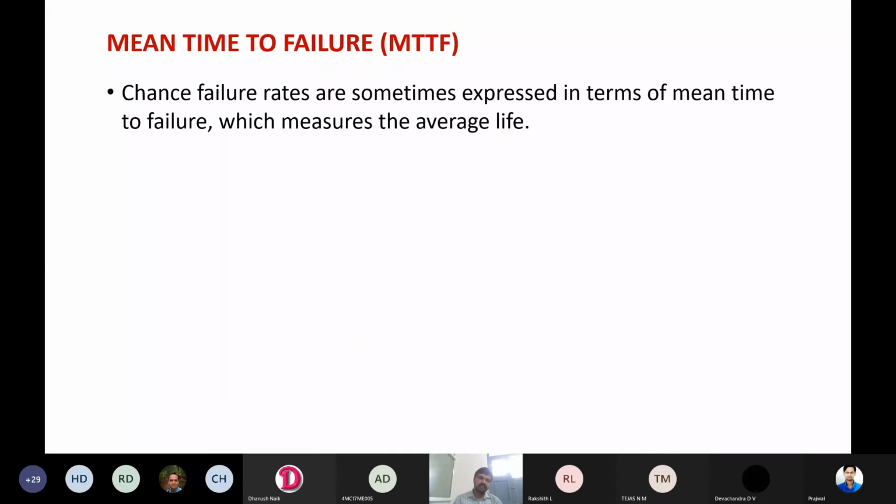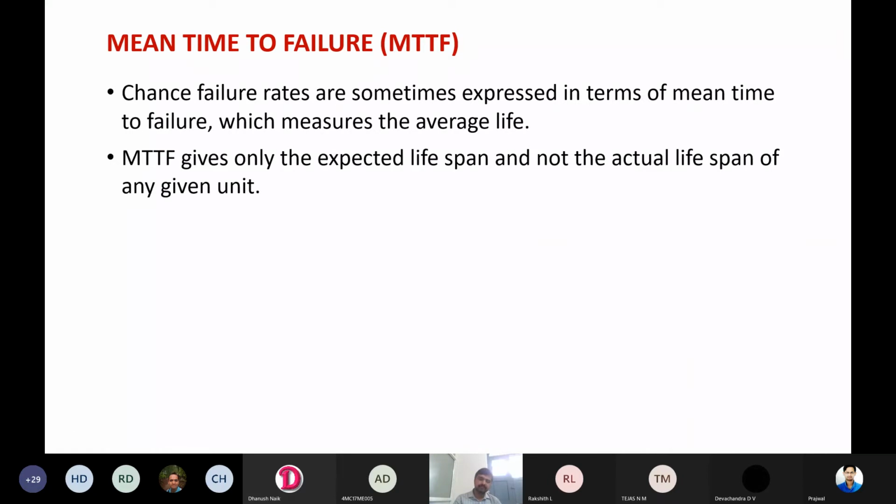Failure rates are sometimes expressed in terms of mean time to failure, which measures the average life. It is applicable for non-repairable products. If it fails, the life of the product ends there itself. MTTF gives only the expected lifespan and not the actual lifespan of any given unit.